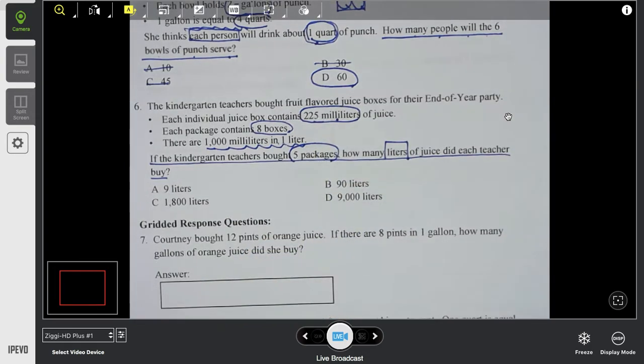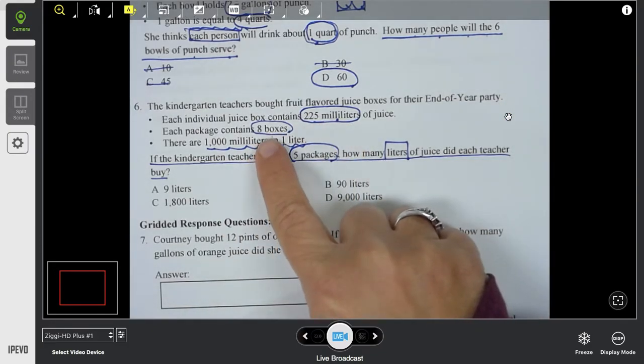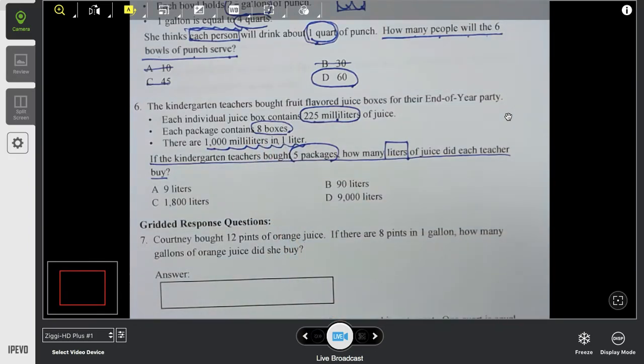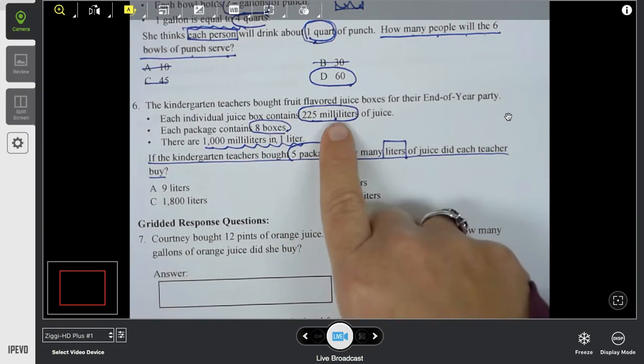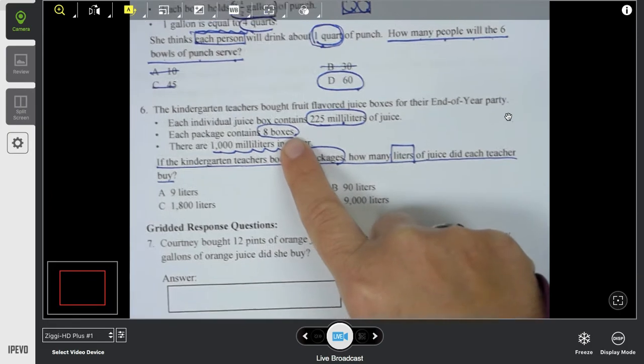Okay? So we know each box has 225 milliliters and each package contains 8 boxes. All right, so we have to figure out how many milliliters are in each one of those packages. So 225 milliliters in each box and 8 boxes.